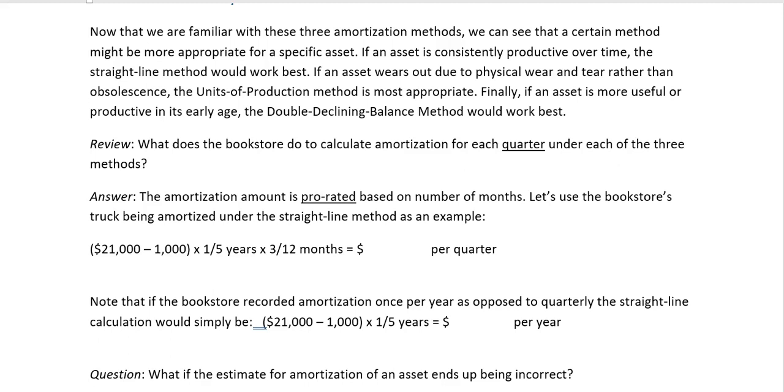Finally, if an asset is more useful or productive in its early age, the double declining balance method would work best. So you want to look at the nature of your company, the nature of your business, see how specific assets are used, and try to find a method which best reflects what you do.